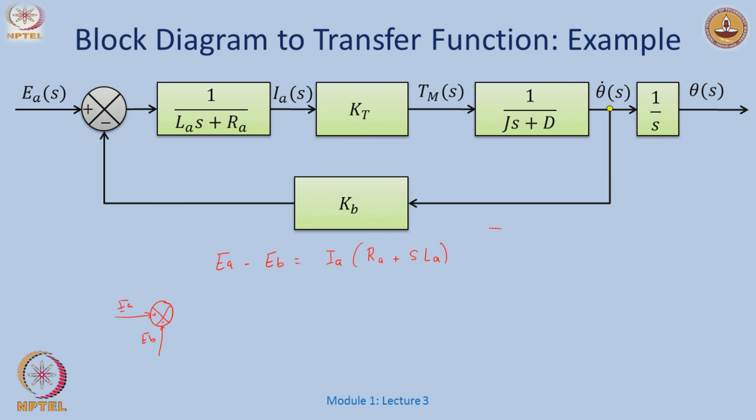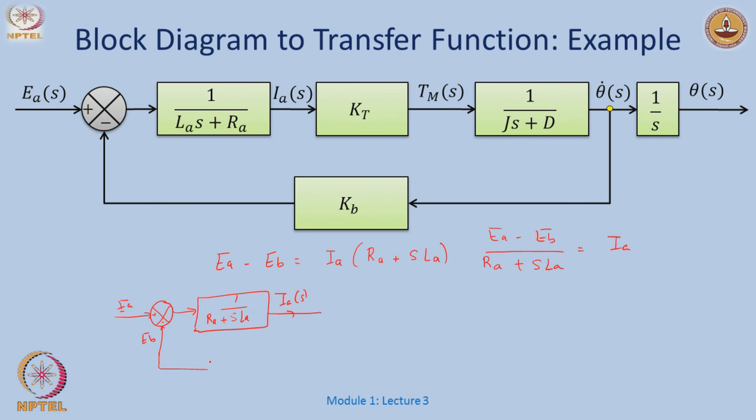If I would write this in a better way, Ea minus Eb divided by Ra plus s times La gives me Ia, right. So, Ea minus Eb goes via a block 1 over Ra plus s times La to give me Ia. Okay. Everything is again in the Laplacian domain, right, in this direction.